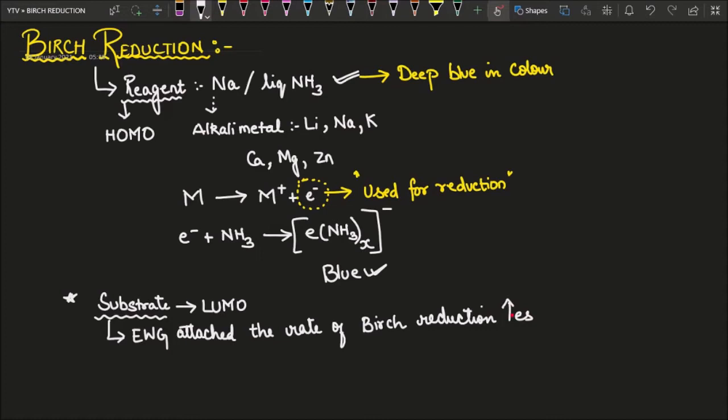Electron withdrawing groups, whenever they are attached to your substrate, decrease the energy. If the energy is decreased, it will act as a better LUMO and interact in a more efficient way.